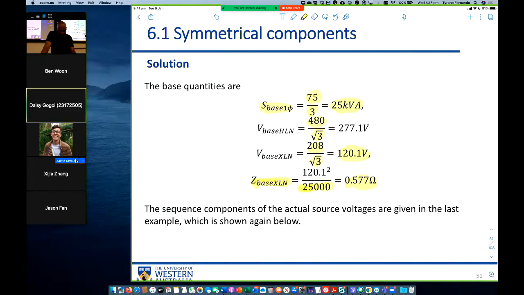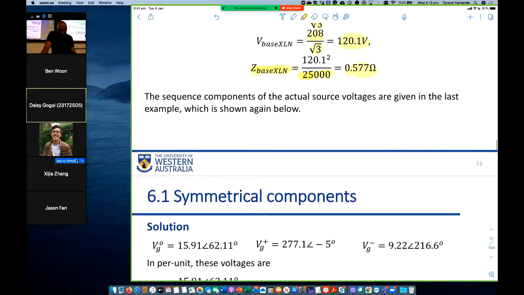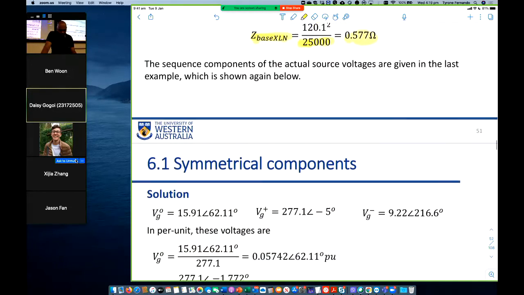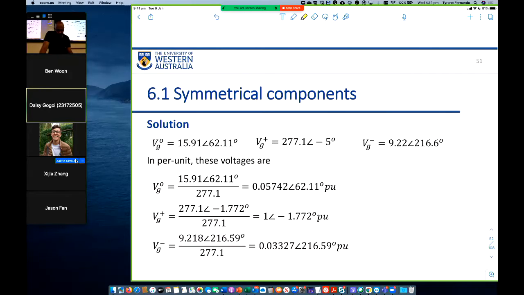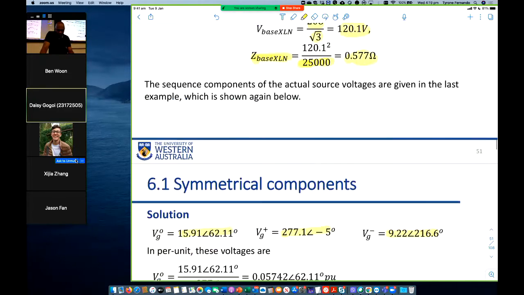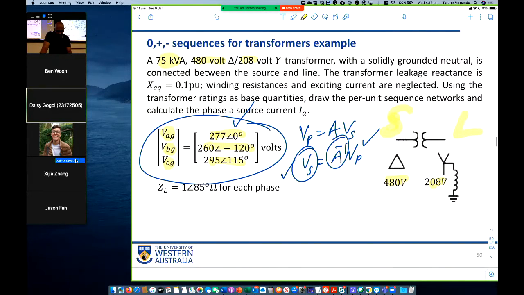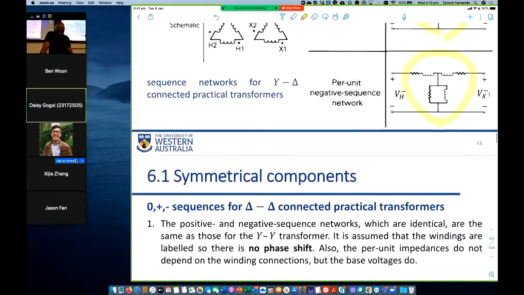The sequence components of the actual source voltages are given in the last example, which is shown below, right? So these are the sequence voltages. We calculated that in the previous example. When we have the phase voltages, these ones, we calculated the sequence voltages.